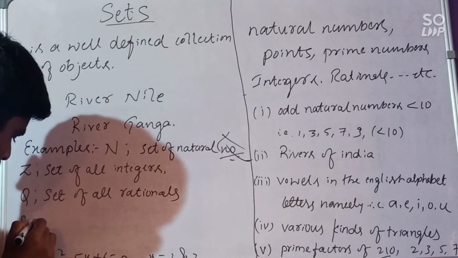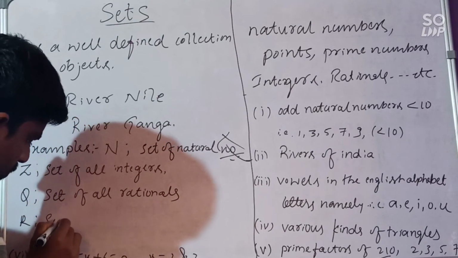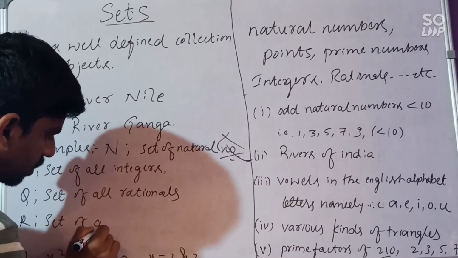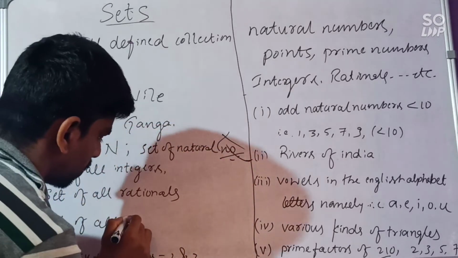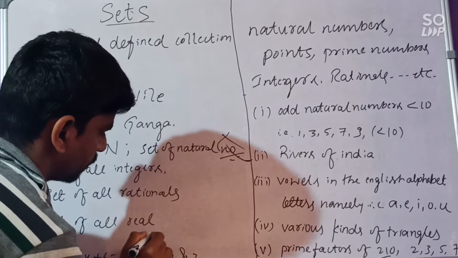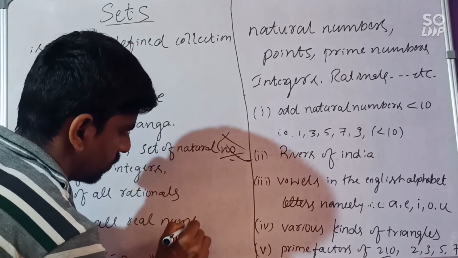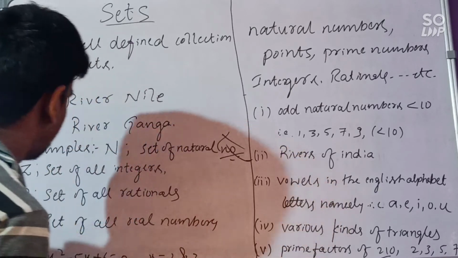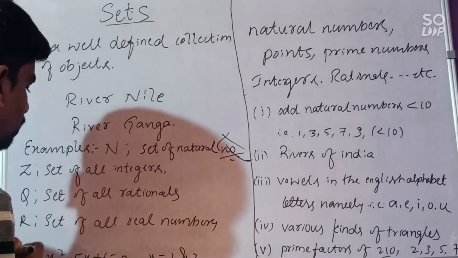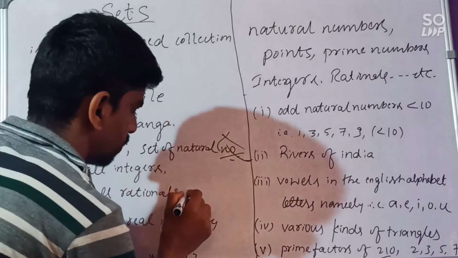Next one, set of all reals. Set of all real numbers. And Q is also the set of all rational numbers.